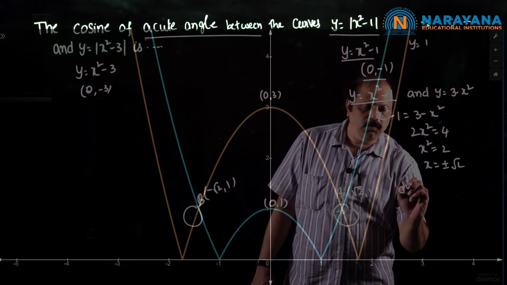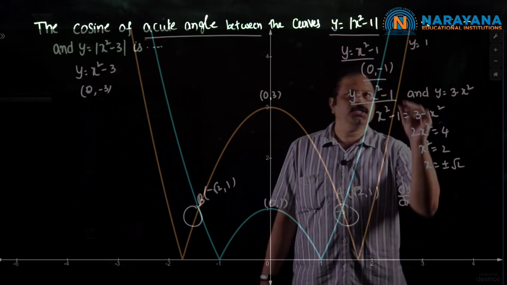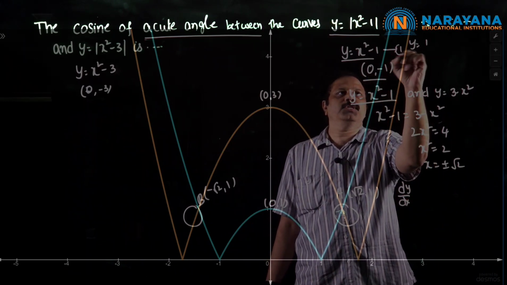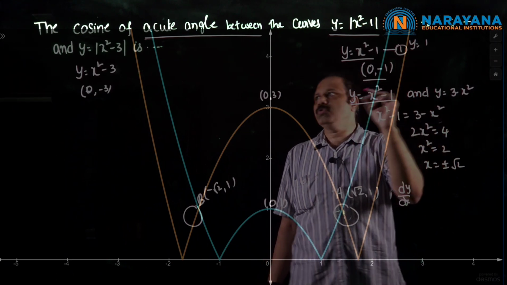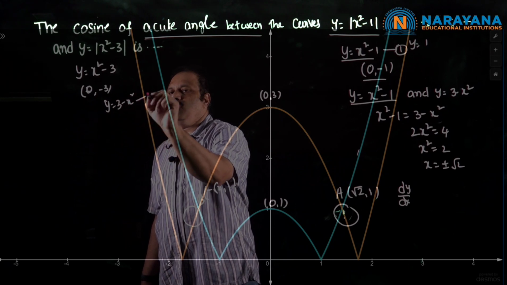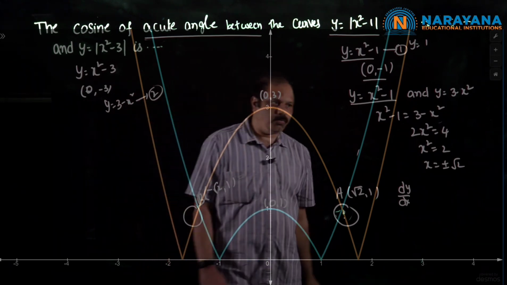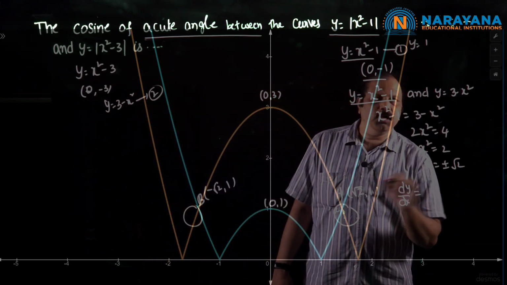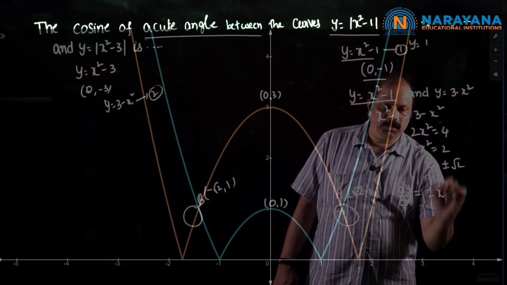Let us take y equals x squared minus 1 as equation number 1 and y equals 3 minus x squared as equation number 2. Differentiating 1, dy by dx equals 2x.